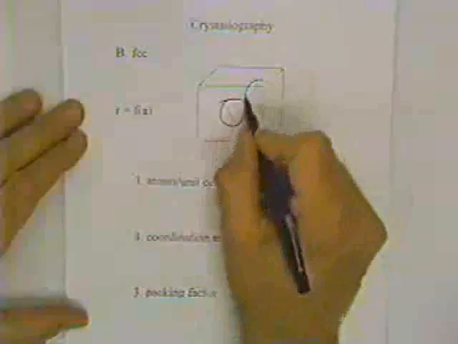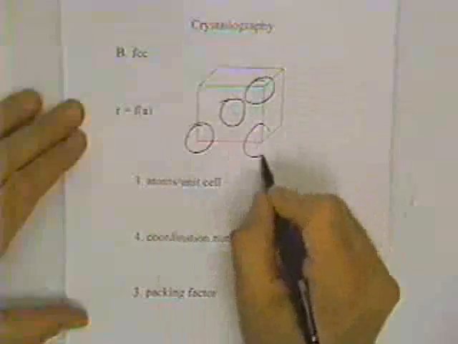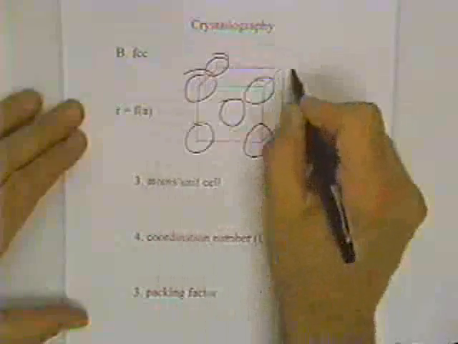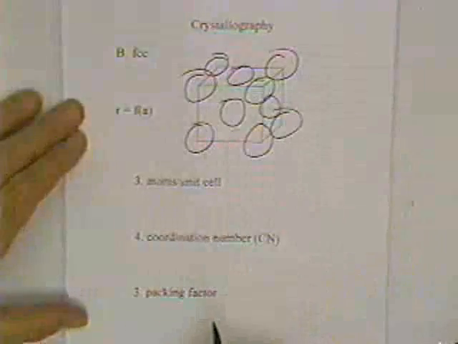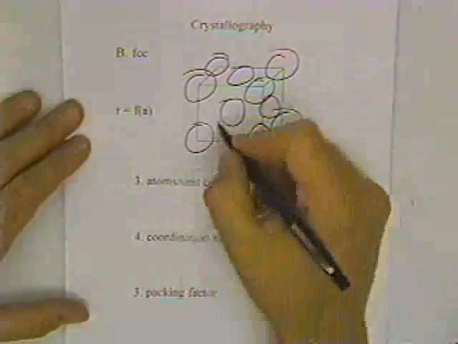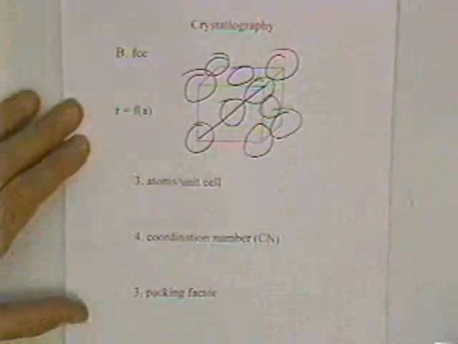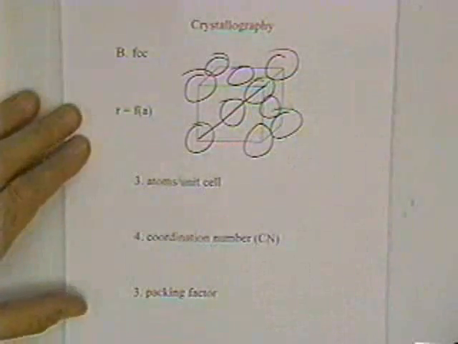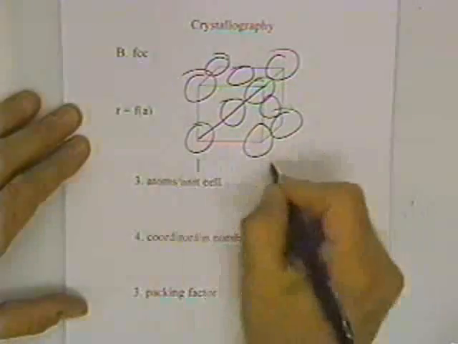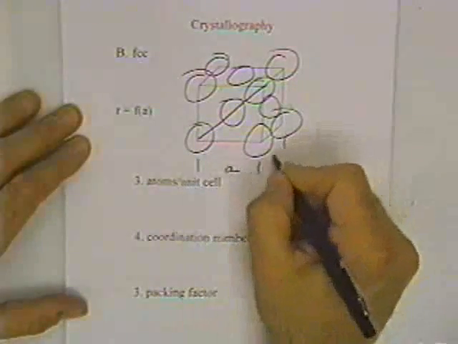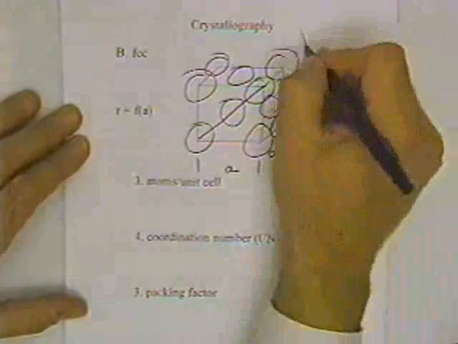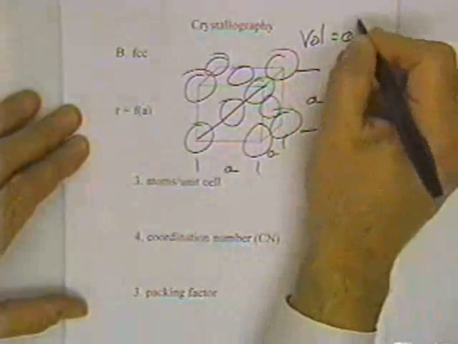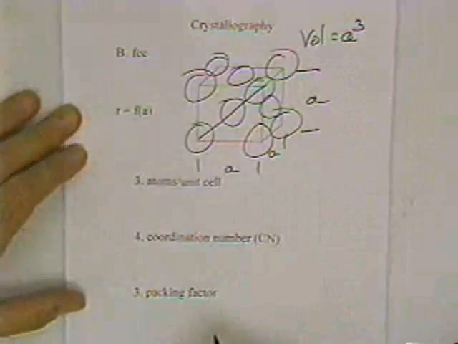There is an atom in each face, and then 8 atoms, 1 at each corner. The close packed direction is the face diagonal. The unit cell dimension is A. Fortunately, it's a cubic, so the volume is equal to A cubed.